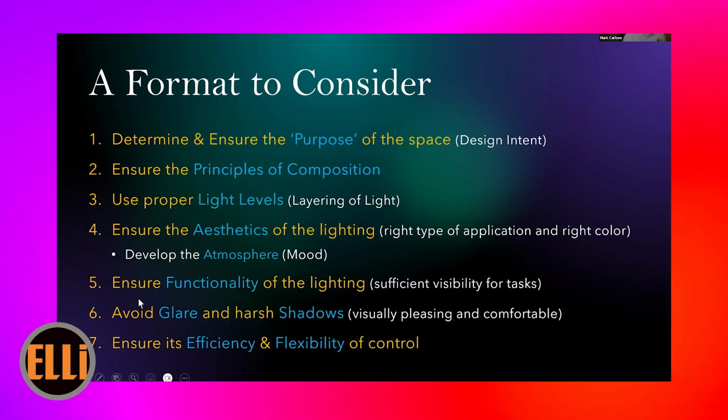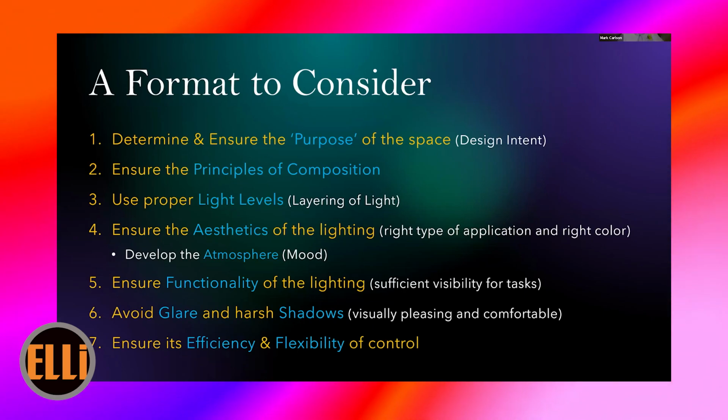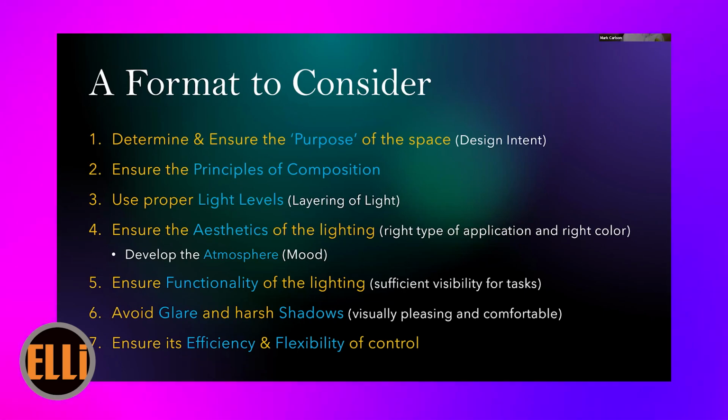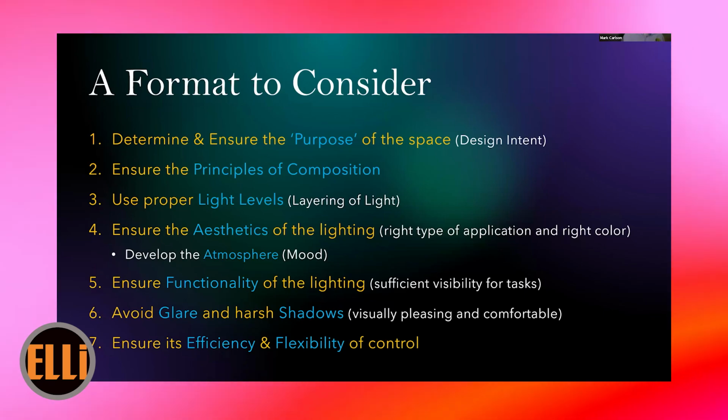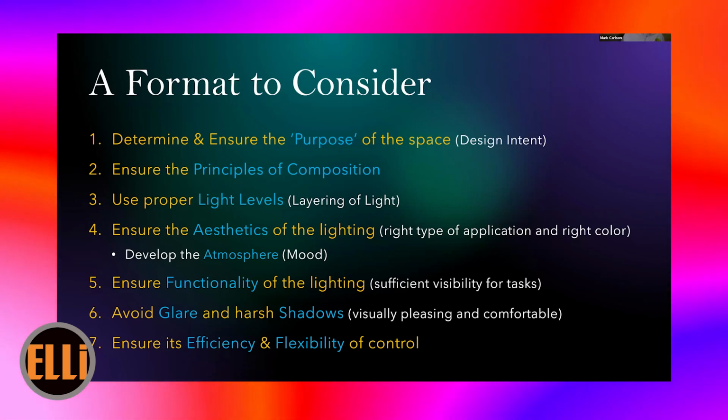All right, number 5, ensure functionality of the lighting. Sufficient visibility for tasks. We just talked about that. That's the functionality. Are the access routes safe to traverse or travel? Are there stairs? Same thing. Can you see the differences in the steps?